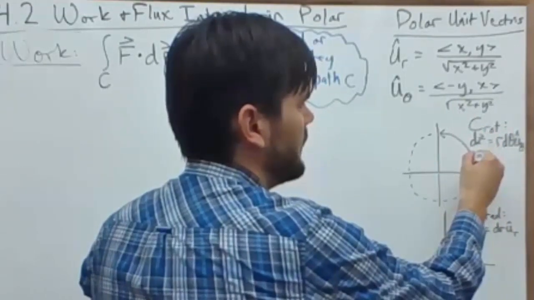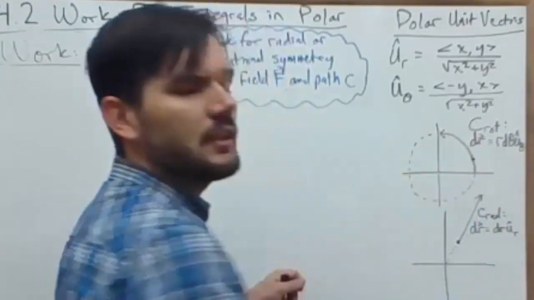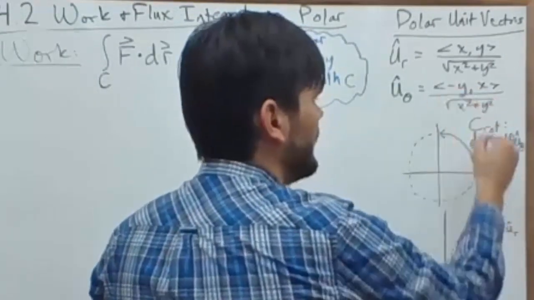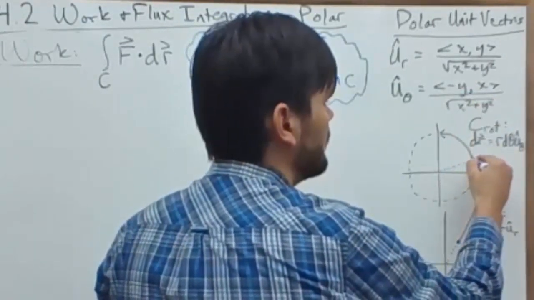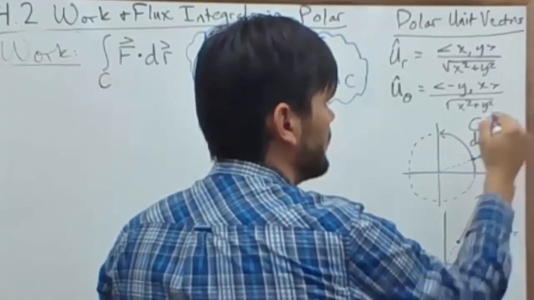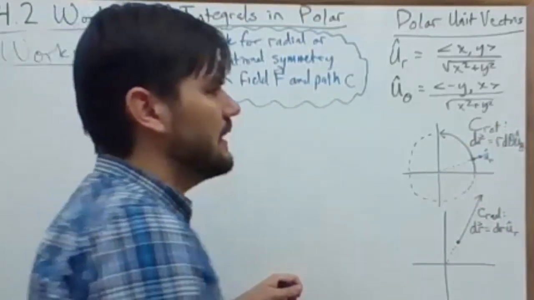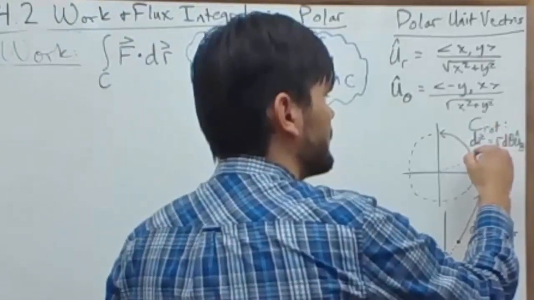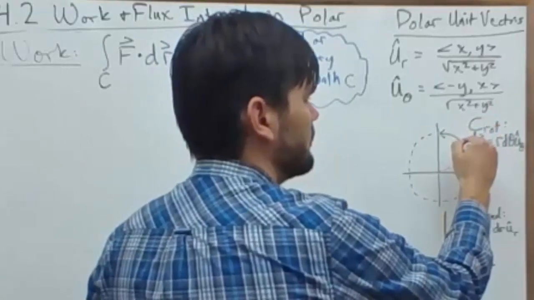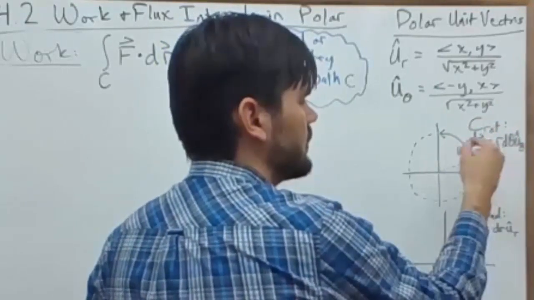So here to draw a point. At any particular point on a curve, the radial direction is pointing outward, and the angular direction is pointing along the curve, along the circular curve.